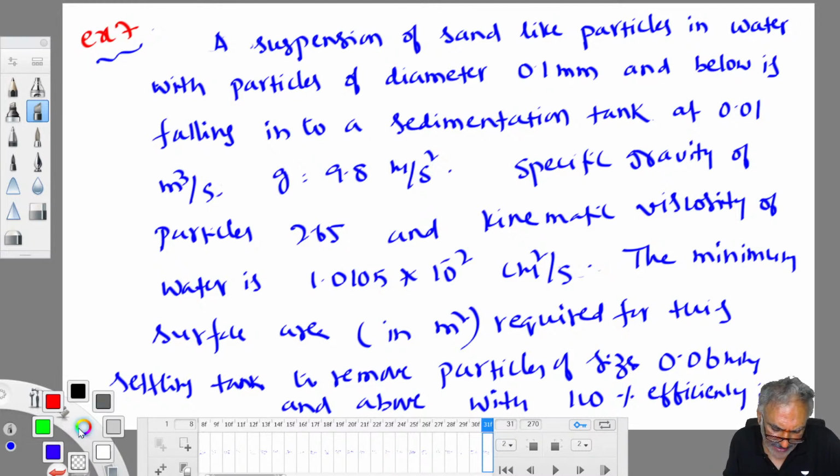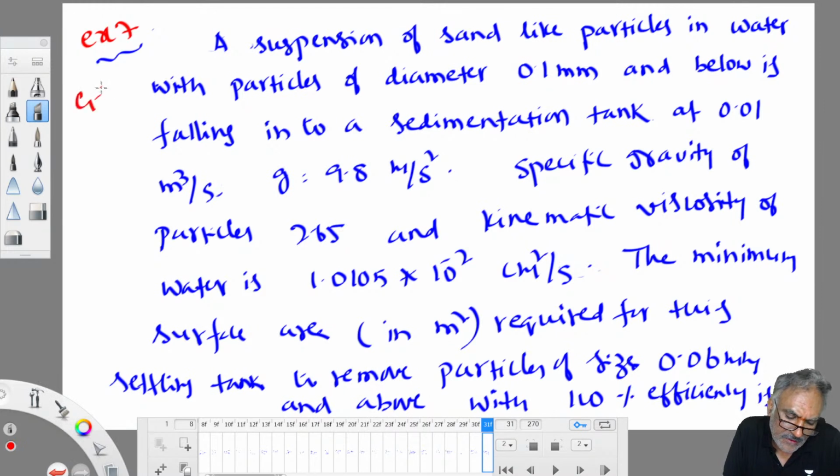This question has been asked in the GATE exam, GATE 2014.